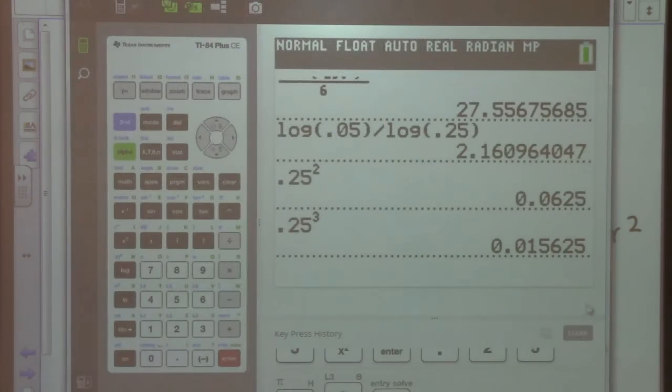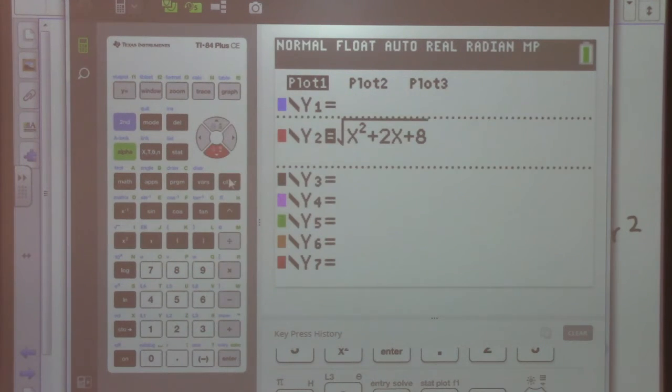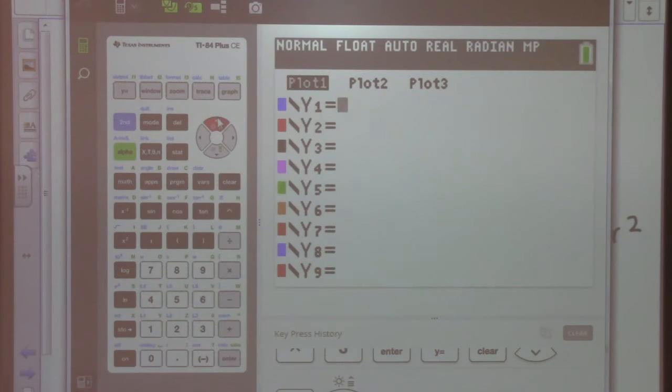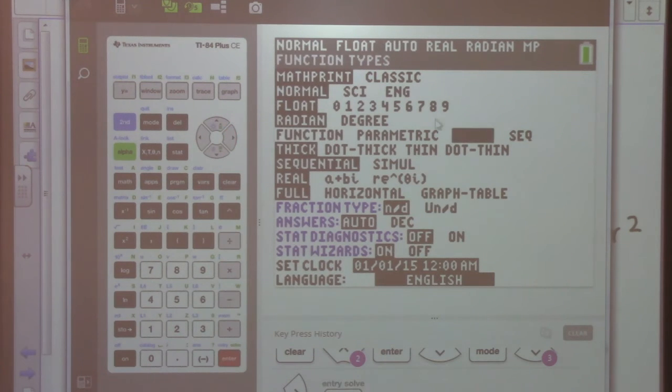So we go to our calculator and I do not see the polar equation form. So how do we get to polar equation form? We'll go to mode and then go down to polar equation. And then I want to make sure that we're in radians, and we are.